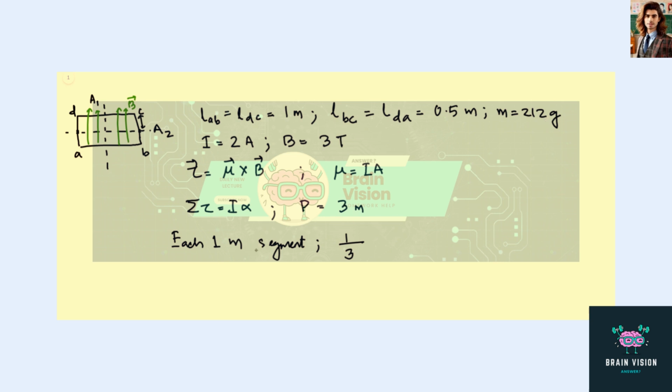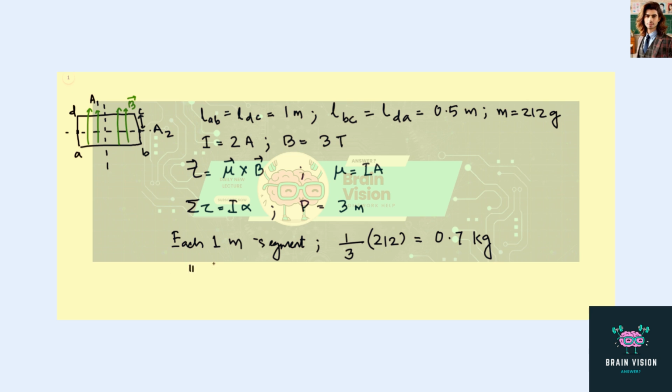So how much mass will the 1 meter segment have? That is equal to 0.07 kg. I have done the calculation and converted to kgs. When you do this exactly, you'll get 70 grams, which you need to convert into kilograms.